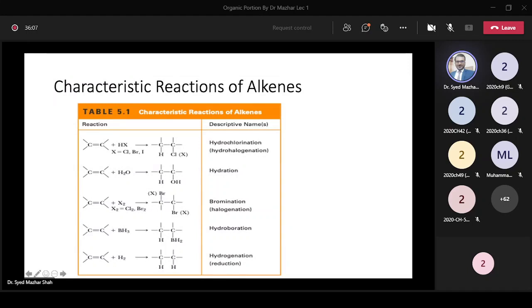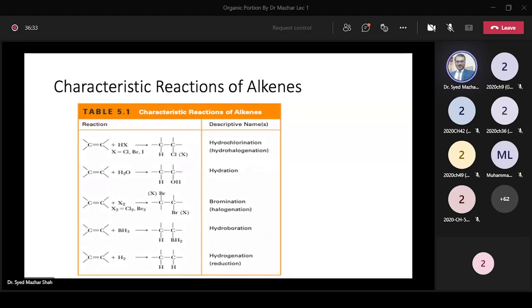Then there is another property of alkenes: if we add water to them, they will undergo hydration. And if we react them with chlorine or bromine gas, chlorination or bromination will take place. And similarly the last 2 reactions.